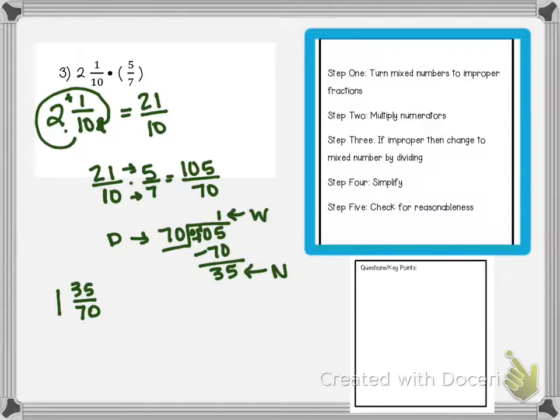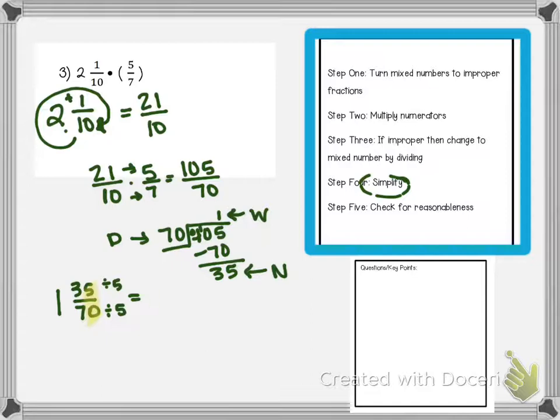Step 4 says to simplify. So we need to simplify. Now, some of us may recognize that 35 divides into 70 evenly, but also if we notice a 5 and a 0, we should know with our simplifying rules, if we ever have a 5 and a 0, that could be a good start because 5 divides into those numbers.